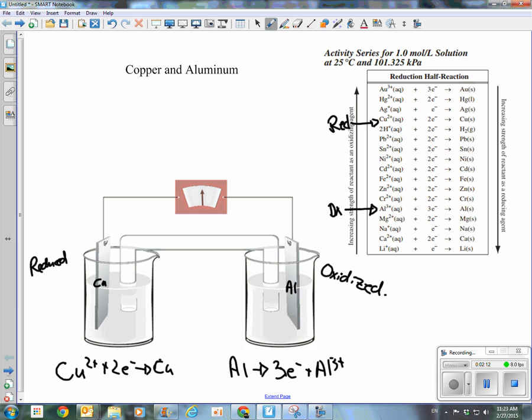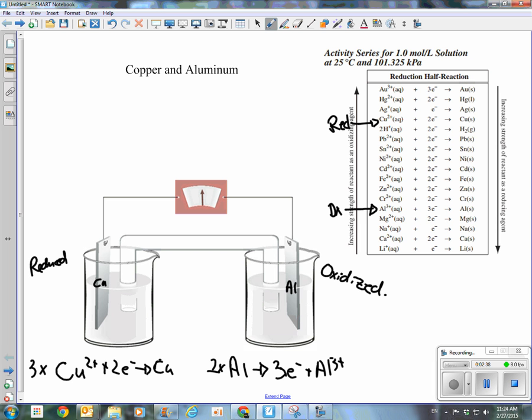So for every 2 electrons that copper gains, I'm not going to quite have a full oxidation. That means technically that copper is going to have to do this 3 times for every 2 times that aluminum does its thing.